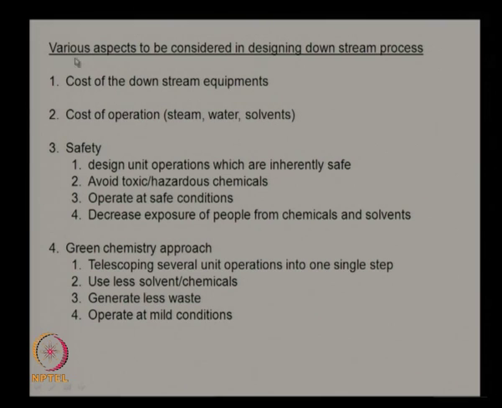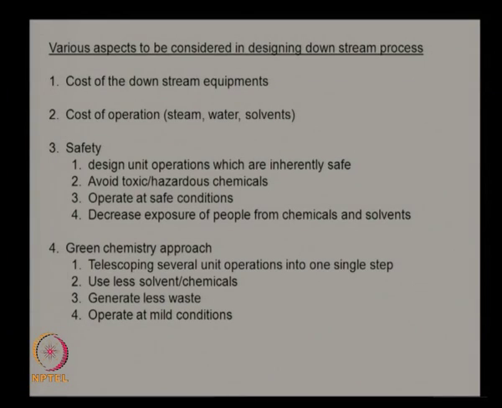So one needs to consider various options with respect to the cost, so that the overall cost of the plant is low. The next step is cost of operation, how much water I am going to use, how much steam I am going to use, what are the various solvents I am going to use, because each of them cost money in running the plant, each of them add to the operating cost or manufacturing cost of my product.